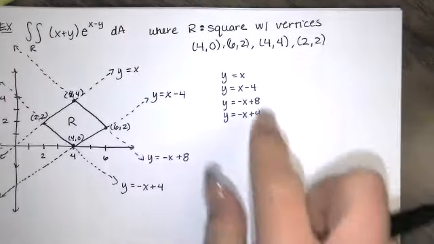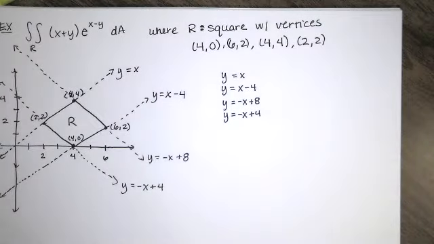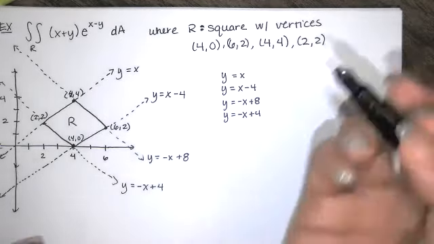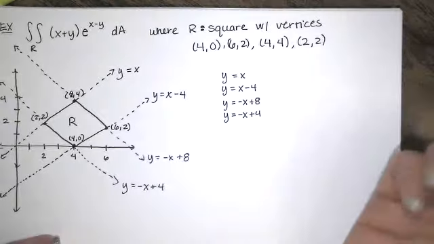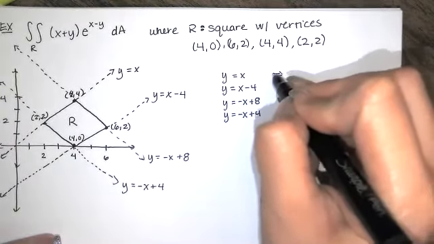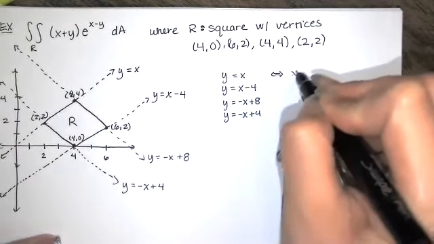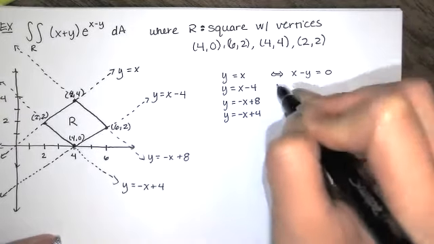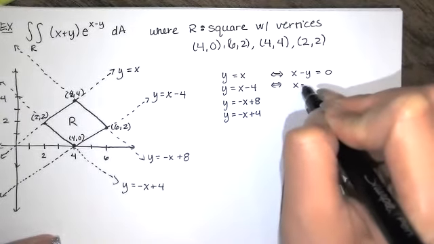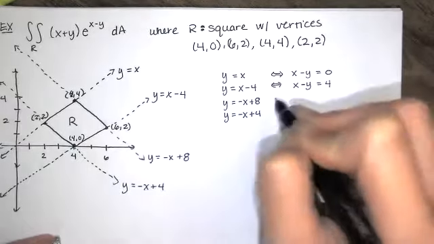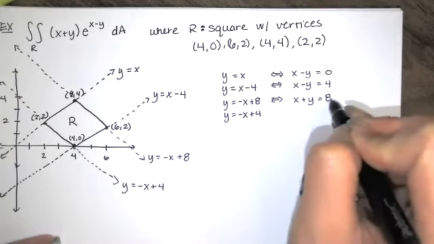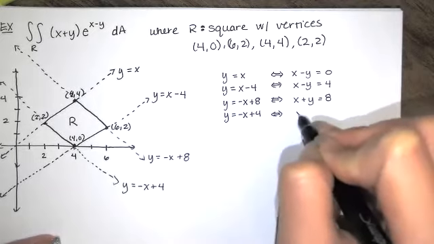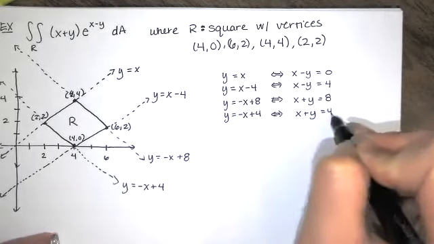Now typically, to find the corresponding boundary lines of the region S in the UV plane, we need the x's and y's on one side, and we want constants on the other if we can get them. So I'm going to subtract y from both sides. Over here, I'll subtract y from both sides and add 4 to both sides. On this one, I'll add x to both sides. The same on this one.